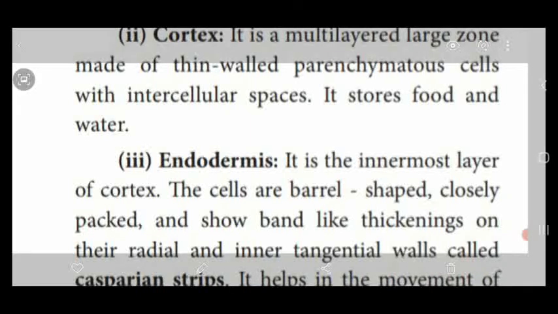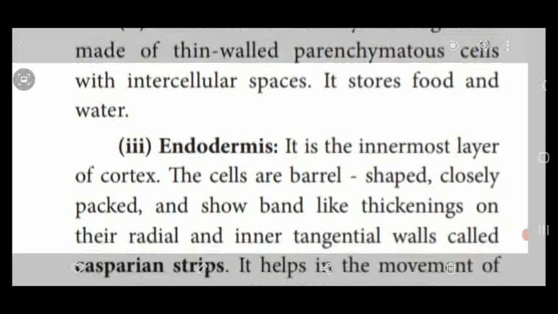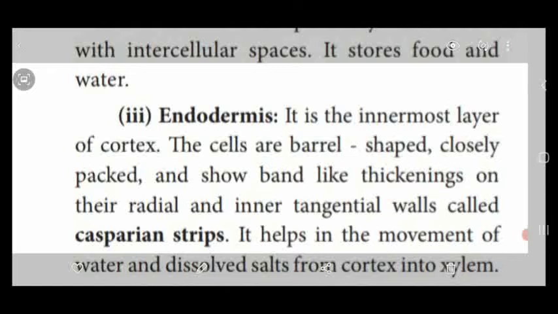That means no gap between the cells, and they show band-like thickenings. Like a stripe or ribbon, dark colored bands, in the endodermis layer, on the radial walls. Not full. Match the barrel shape. We draw a diagram: an arc on top, an arc at the bottom, and join them at the sides. That is said to be barrel shape. Okay.